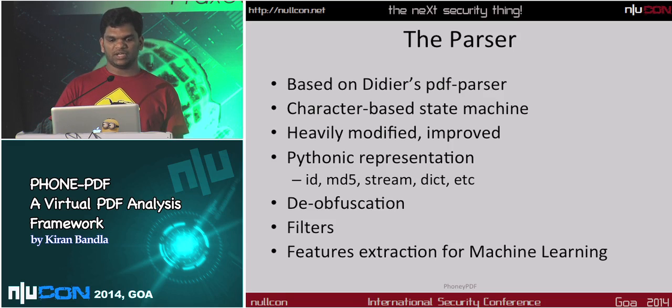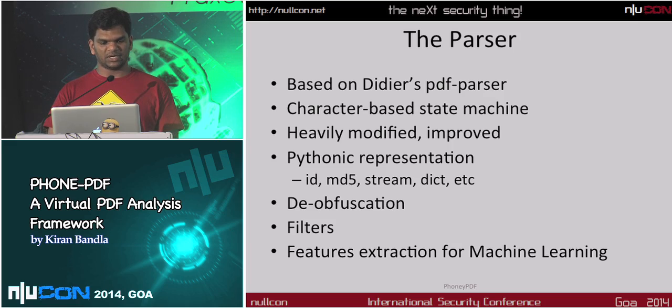The parser also takes care of a lot of the obfuscation that goes into PDFs, be it for malicious or even for regular PDFs. If the objects are compressed, they are decompressed, and it understands almost a dozen different compression techniques and filters, also ASCII decode filters and CCITT filters and a whole list of filters.